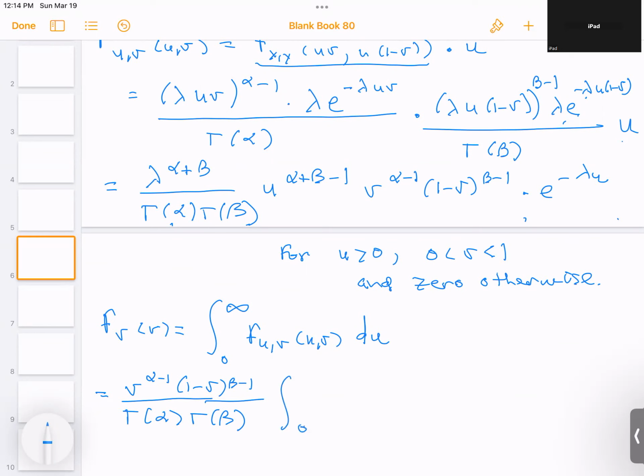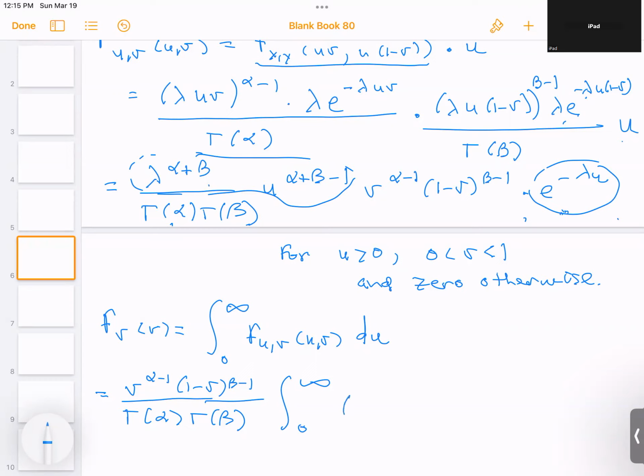So then I have 0 to infinity, and I have e to the minus lambda u. Yeah, this is right. I can write this collecting these in a certain way. I'll put 1 lambda here with this, and leave the rest here like this.